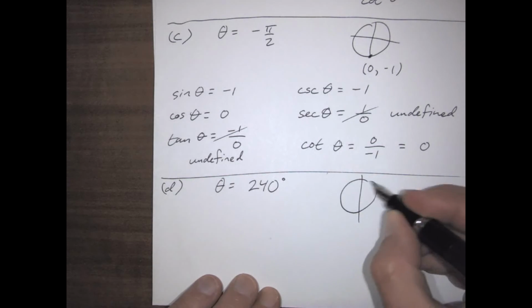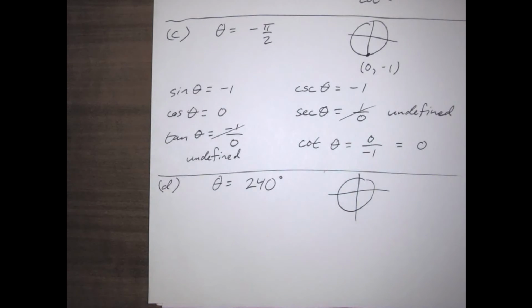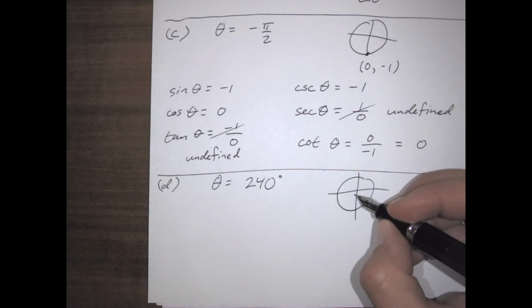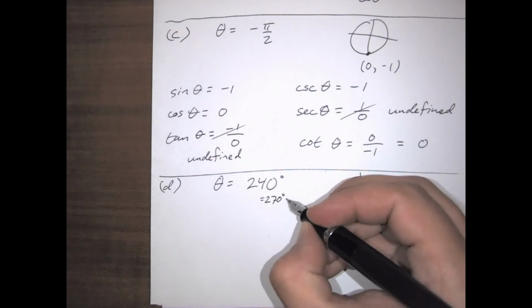So let's try to figure out where it is, and then try to figure out what we can relate it to in quadrant 1, which is where we are more familiar. So 240, that's the same as 270 minus 30.